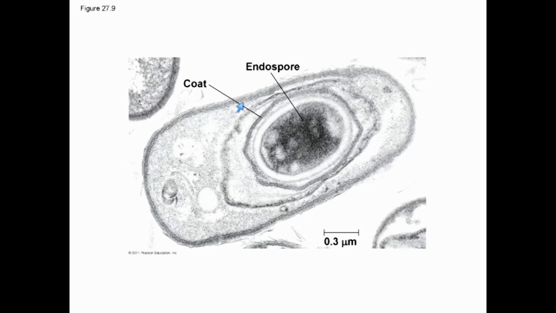So here is the bacterium itself, and this particular bacterium has formed an endospore, and that endospore is going to put a nice coat on the outside, and what's going to end up happening is this bacterium is going to die, but the endospore will persist, and it will stay in this state until environmental conditions are good for that endospore to become a bacterium again.